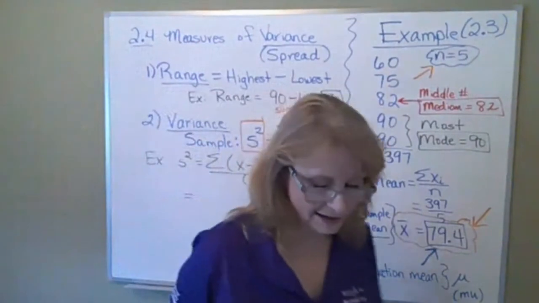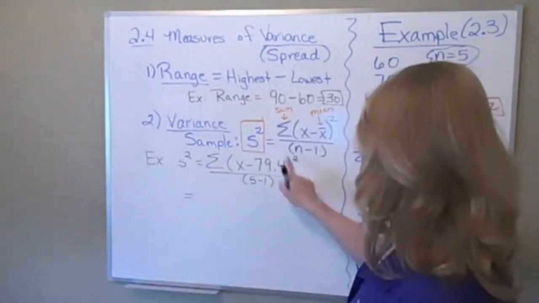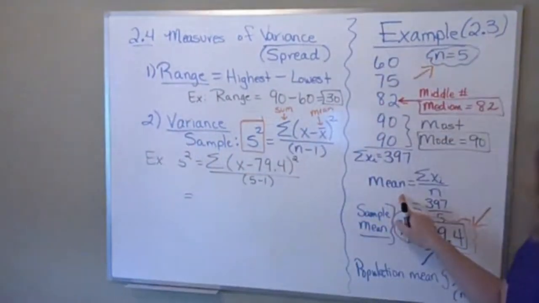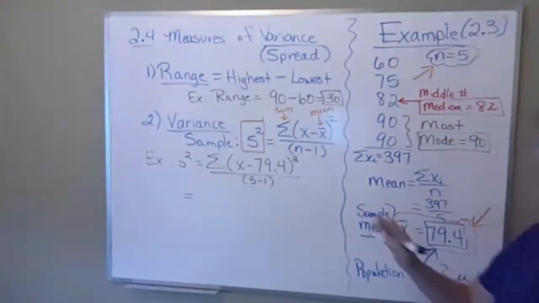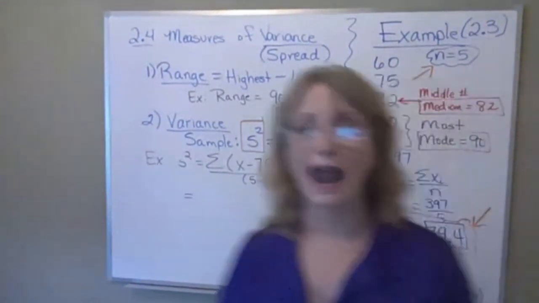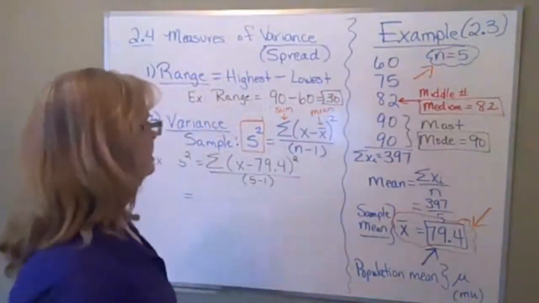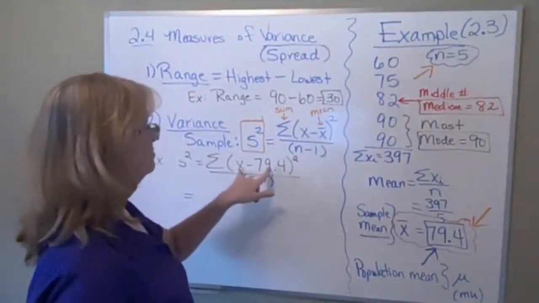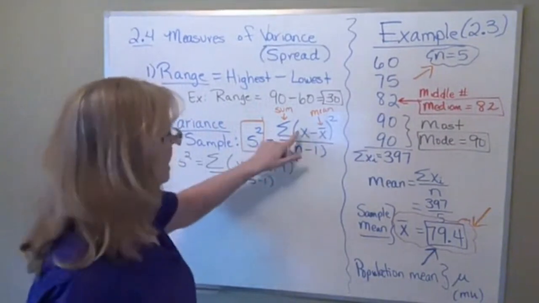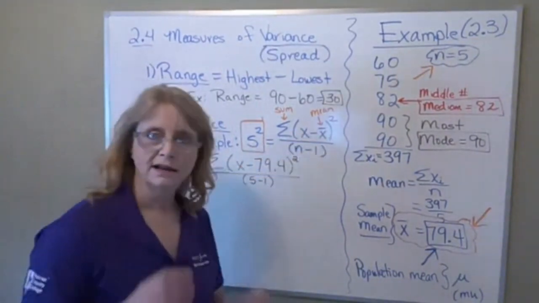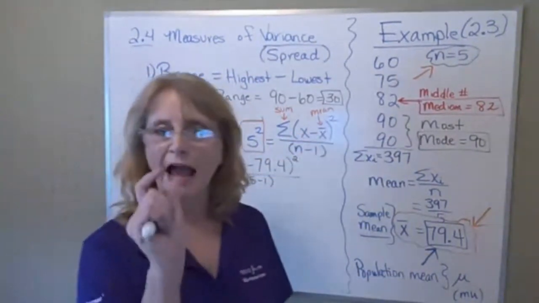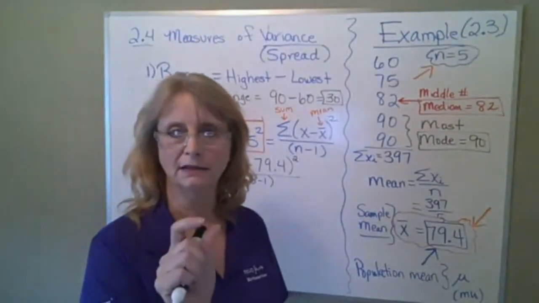Here's what we're doing here, guys. You might notice this looks a little bit like the formula for mean, because this is a type of average, but what we're averaging is not the numbers. We're averaging the squares of the distances from the mean. This x minus x bar for each data value tells us how far it is from the mean.